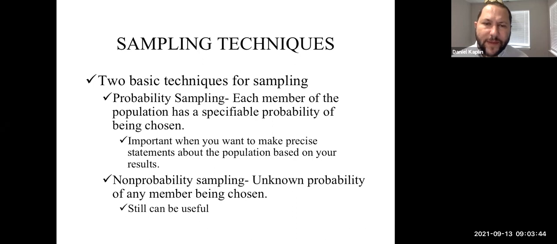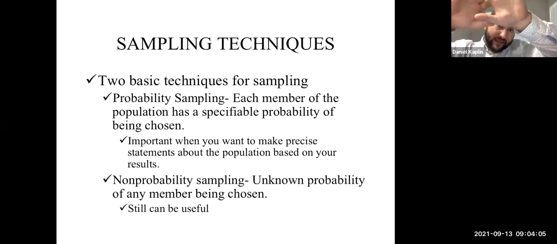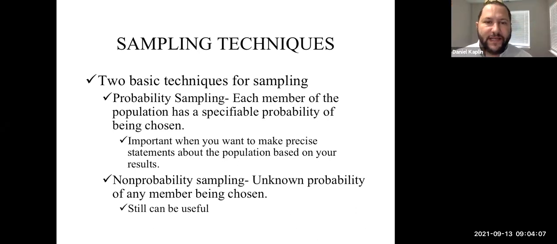Now, we also talk about sampling techniques, and you might be familiar with the various sampling techniques from a research methods course or another course that you might have learned. But if I were, again, thinking through the lens of flow charts, at the top we would call it sampling techniques.